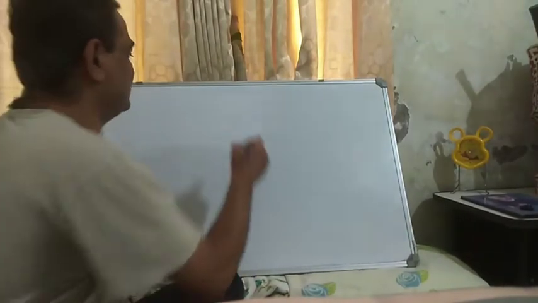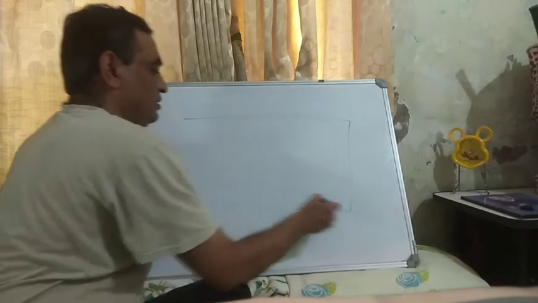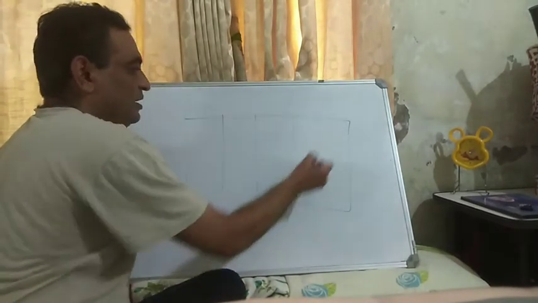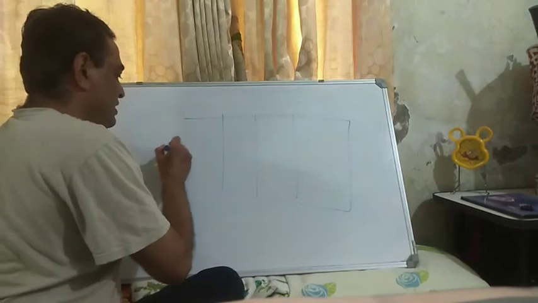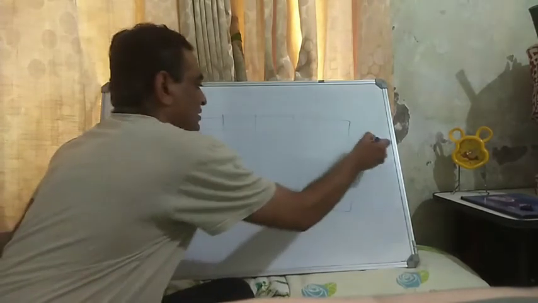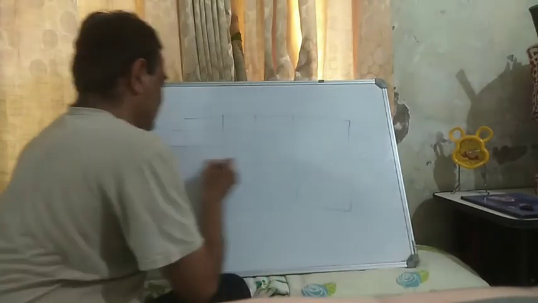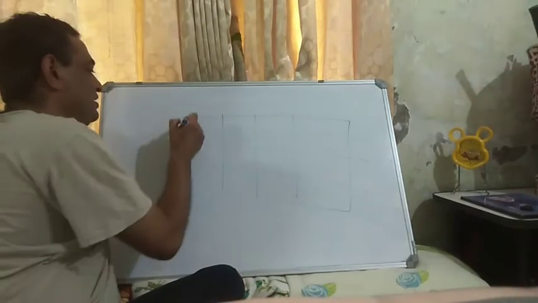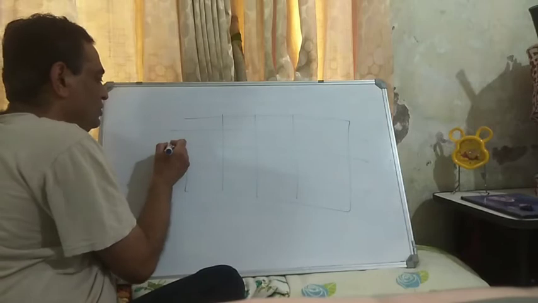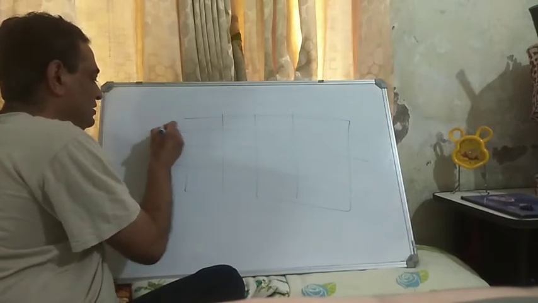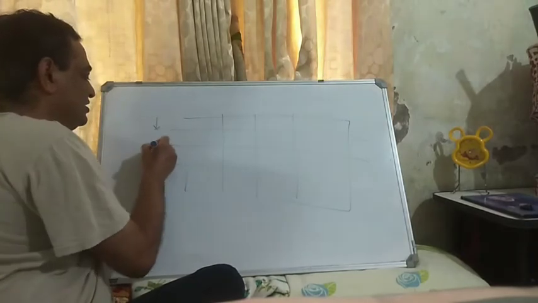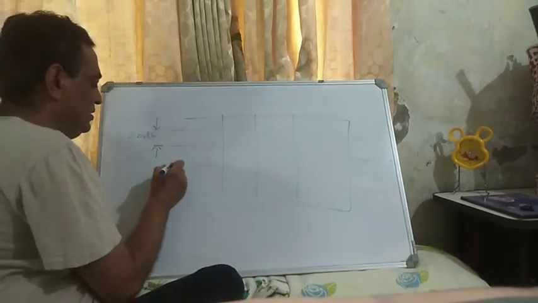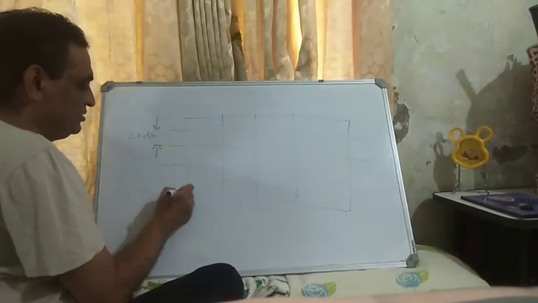Now, for example, this is the semi-log graph paper. This is 1 cycle, 2 cycles, 3 and 4. Let's say this difference is 20 dB, so this is also 20, this is also 20.